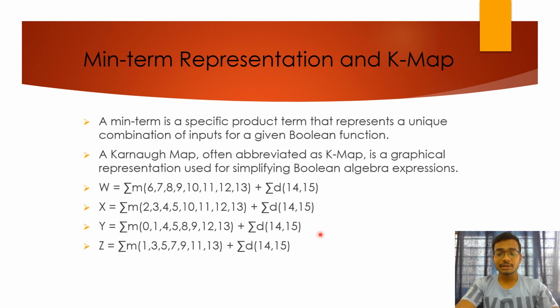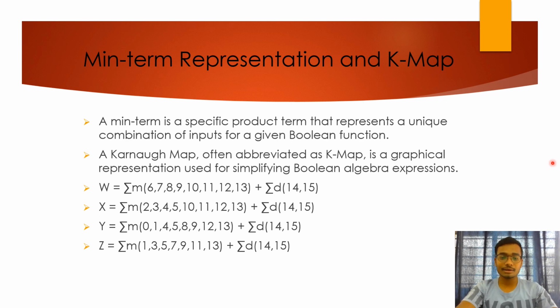So let us see the way to simplify these four Boolean expressions using the K-map. The K-map is a graphical representation used for simplifying Boolean expressions. Otherwise, we can use Boolean theorems and postulates to simplify them, but I think the easier way is to use a K-map, where we can have a circle with a single element, a pair which is a combination of two elements, a quad which is a combination of four elements, and a combination of eight elements called an oct.